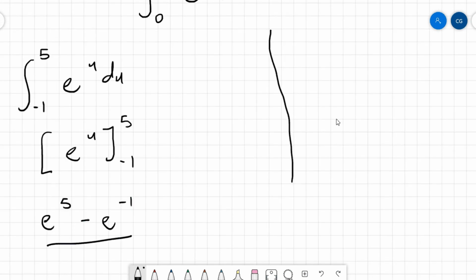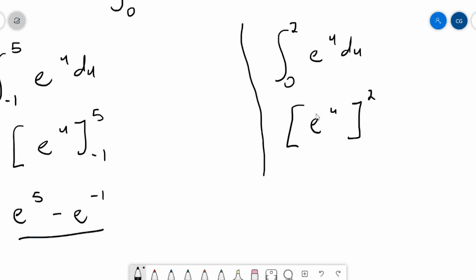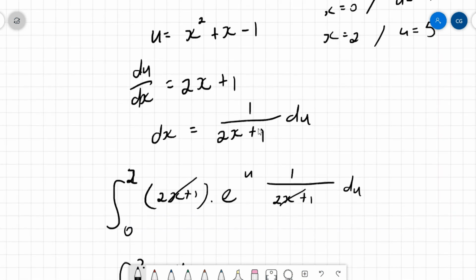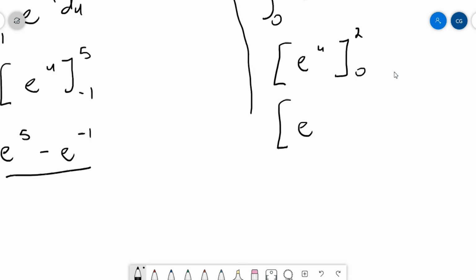Alternatively, what I could have done was leave my integral in terms of x. If I do this, take a look at what I will do. I will integrate e to the u, but then I will replace u with my original substitution, x squared plus x minus 1, and we still have our upper and lower bounds in terms of x.